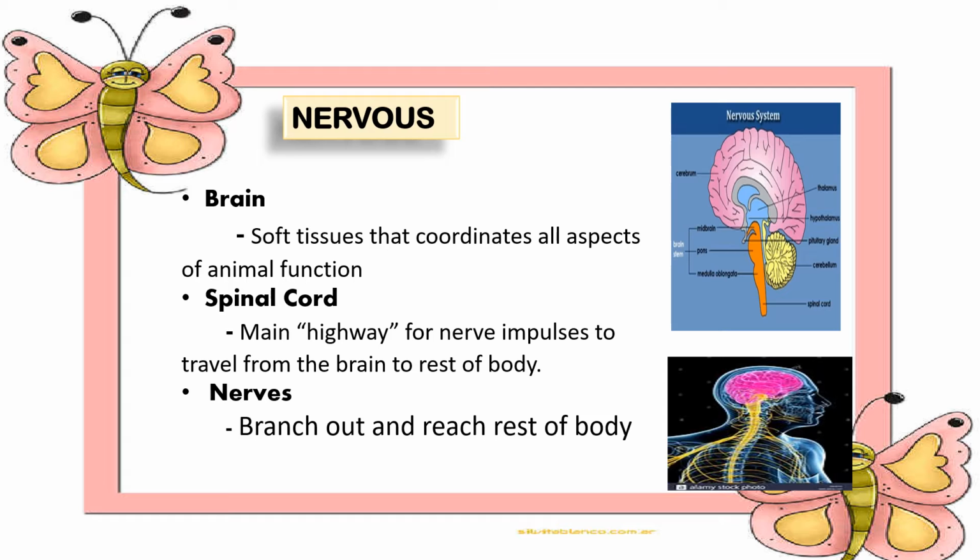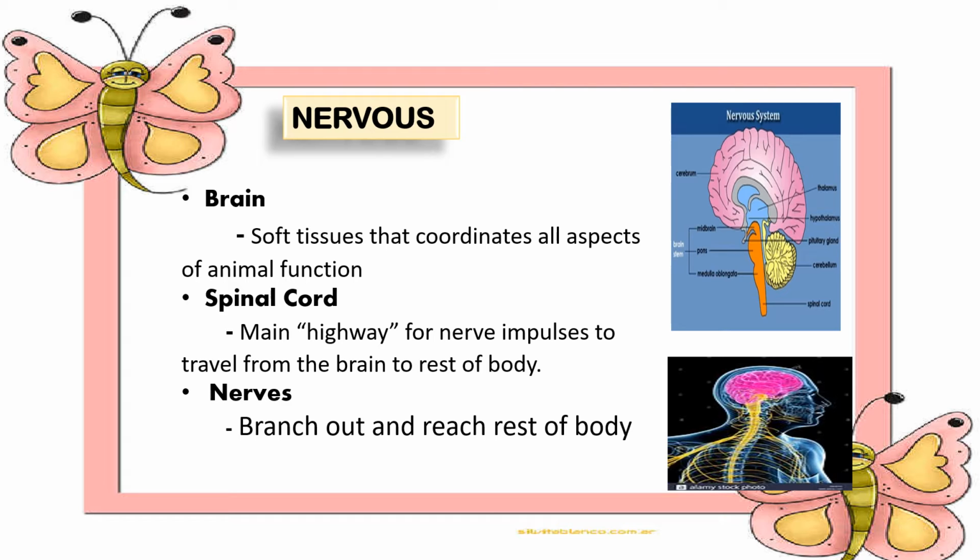Okay. So the brain is a soft tissue that coordinates all aspects of animal functions. Then you have the spinal cord. Your spinal cord is the main highway for nerve impulses to travel from the brain to the rest of the body. So this transmits the messages from the brain to the rest of your body. Then you have the nerves.